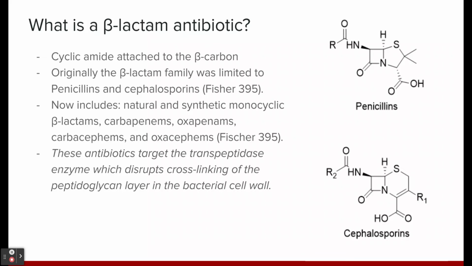I'll include a structural image on the next slide if you want to take a look at some of these, but we're mainly going to focus on penicillin's interaction here. Again, the goal is for these antibiotics to target the transpeptidase enzyme, disrupting cross-linking of this peptidoglycan layer in the bacterial cell wall.